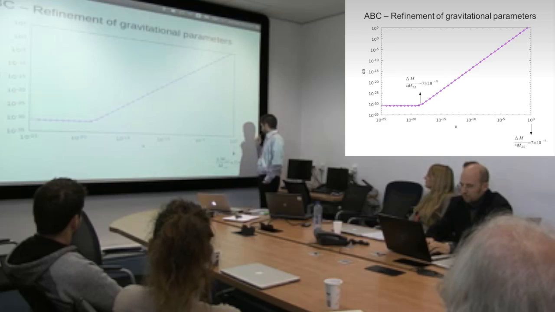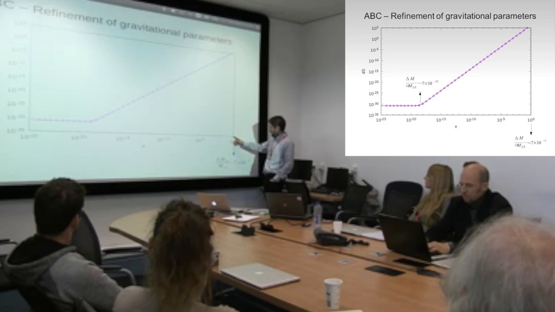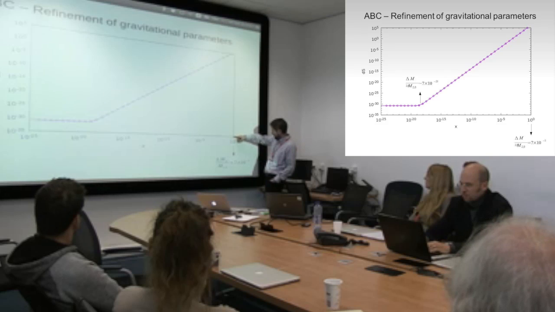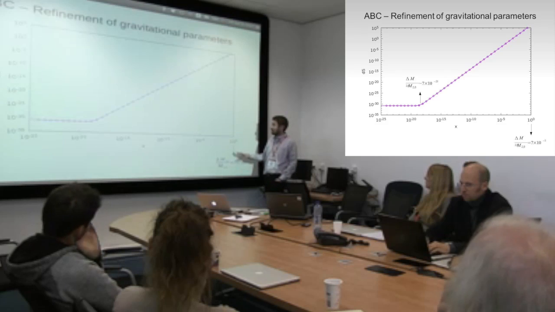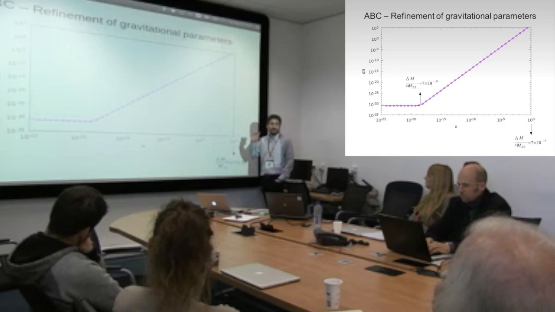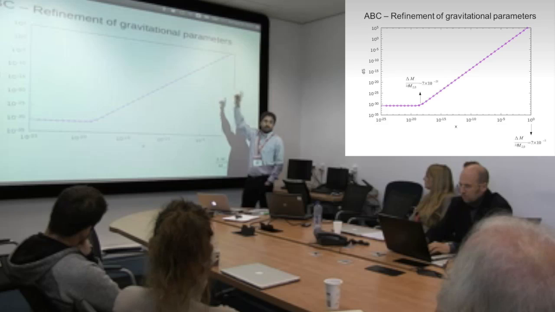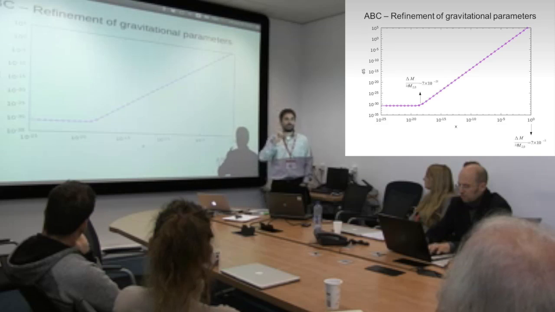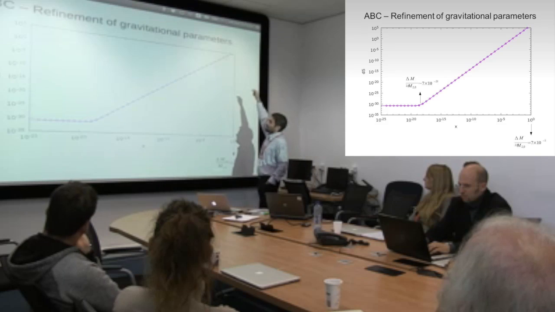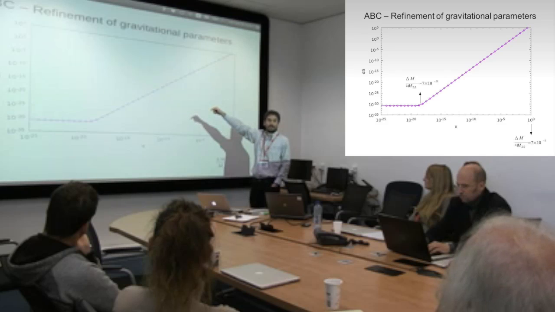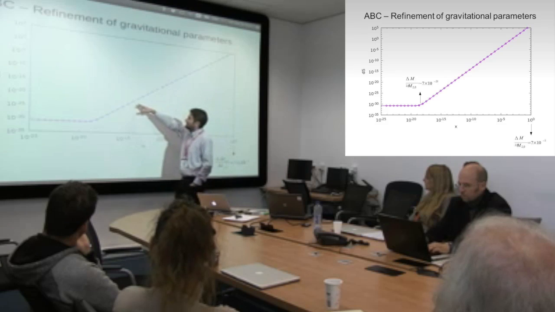And here, the relative error is 7 times 10 to the minus 5. So when you go here, the relative error just decreases. And of course, when you decrease the error of the multipole, the action goes down. And it can go down until here.